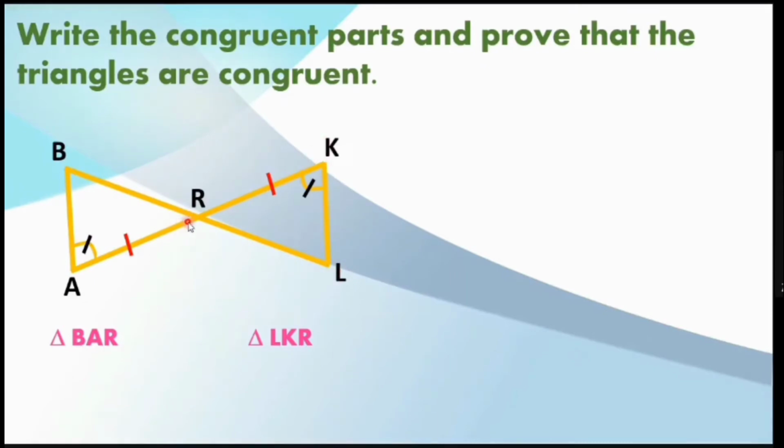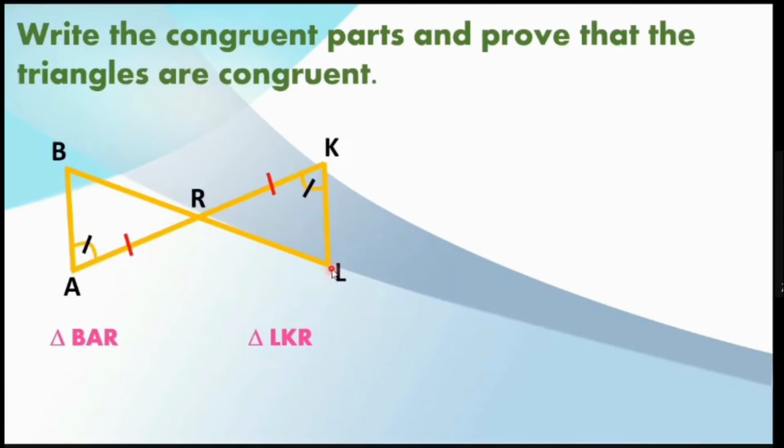LKR. Gaya ng sinabi ko before, kung paano natin pinangalanan yung first triangle, ganun din yung way ng pagbibigay natin ng pangalan kay second triangle. So we started at B, the angle without tick mark, going to A, the angle with one tick mark, going to R, passing through the side that has one tick mark.